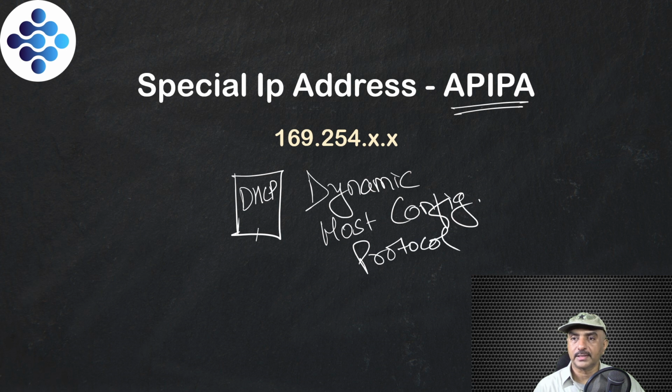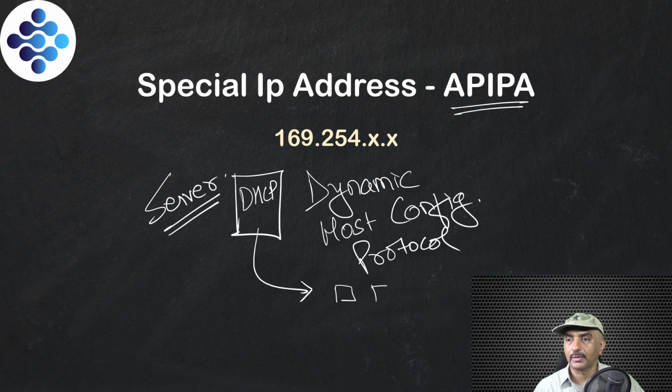Now this DHCP is a server. A server is someone who gives services, right? That's the definition of server. So if there are more number of PCs, this DHCP can give IP addresses to these machines automatically.